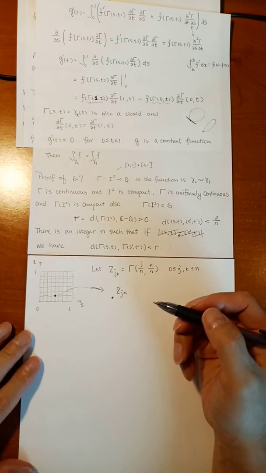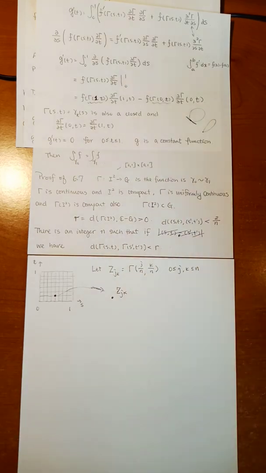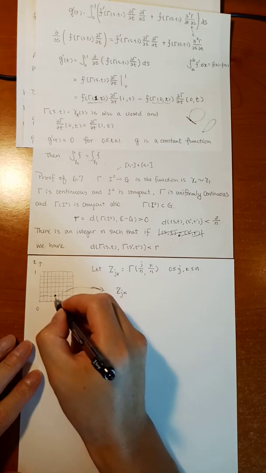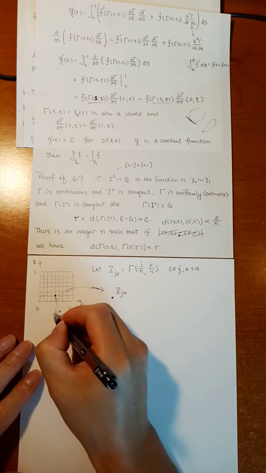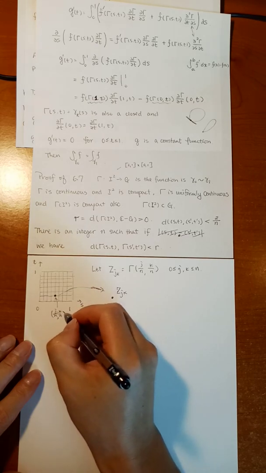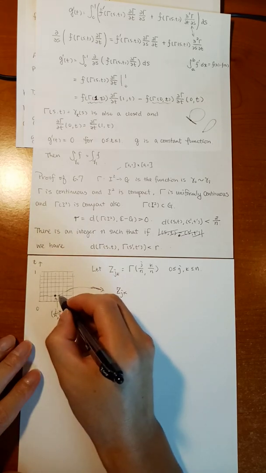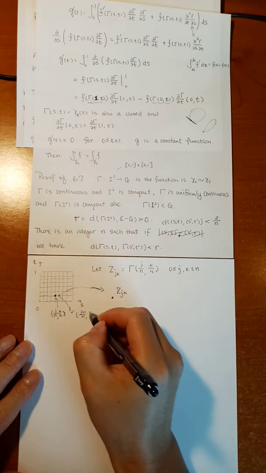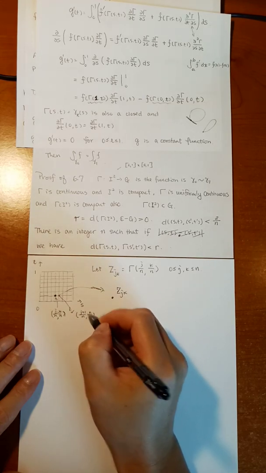Okay, that's the idea. And this is here. Let me write. This is JK, j over n, k over n. Then its right point will be j plus 1 over n, k over n, same height.